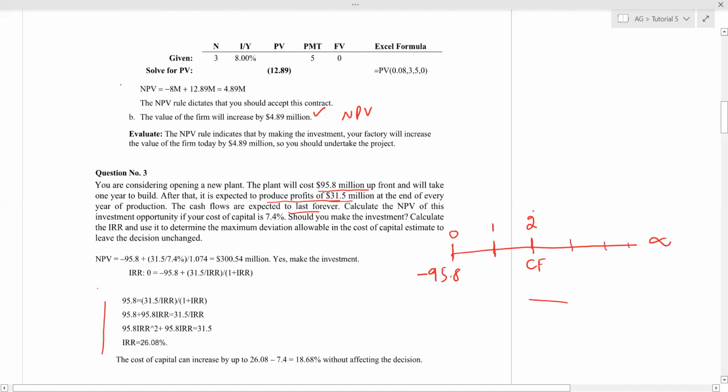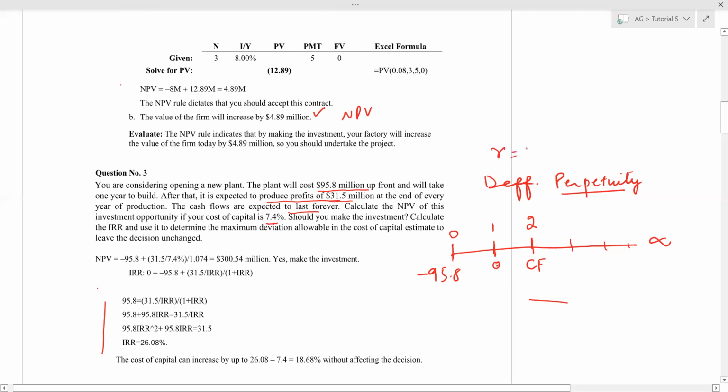So it means this is a perpetuity question. The cash flows are a perpetuity, and if you see, the cash flows are starting after some time, meaning there is no cash flow at first. So this is a perpetuity, but it is a deferred perpetuity. Then calculate the NPV of this investment opportunity if your cost of capital is 7.4%.